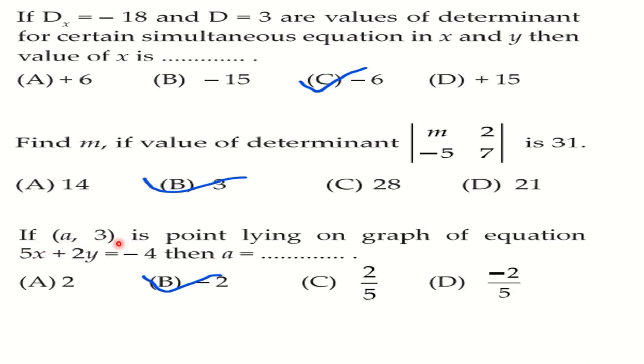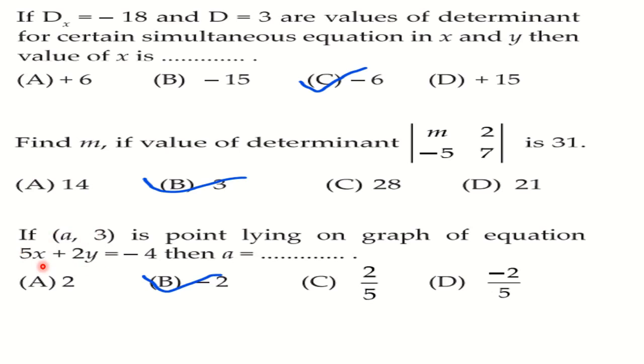If (a, 3) is a point lying on the graph of the equation 5x plus 2y is equal to minus 4, then a is equal to dash. You have to find the value of the unknown a. See, this point is lying on the graph of this equation. It means that x is equal to a and y is equal to 3. They satisfy this equation. We can put these values here.